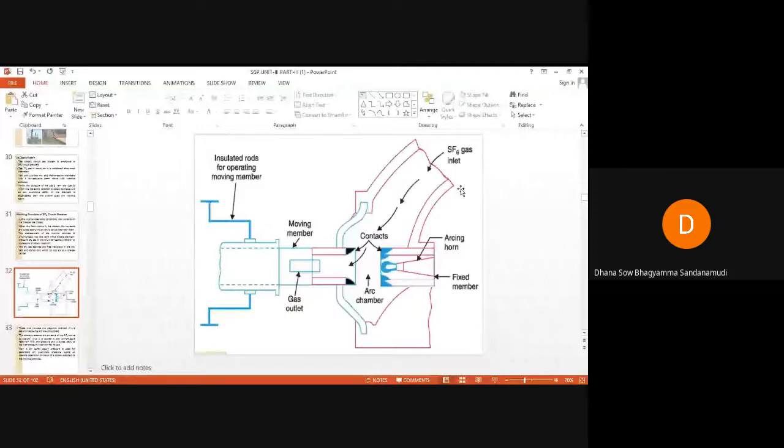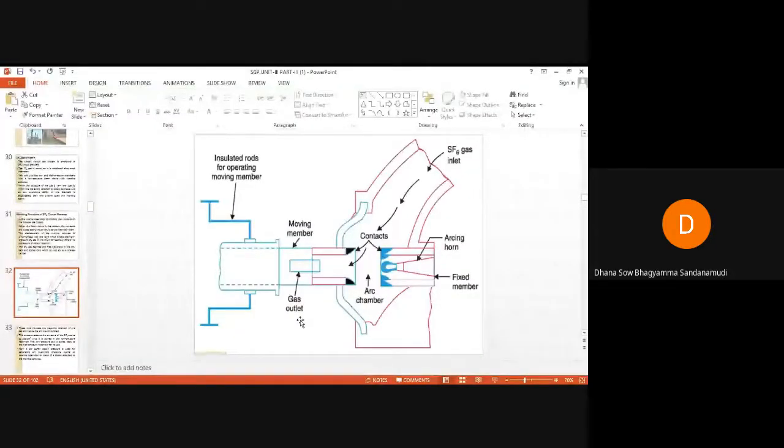Nowadays, buffer piston pressure type SF6 circuit breakers are used for quenching the arc at high pressure. There will be a piston attached to the moving contact to develop the pressure within the chamber. How the pressure is developed within the chamber with the help of a piston, we will discuss in detail in the next class.